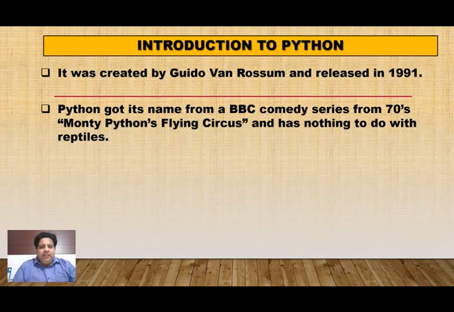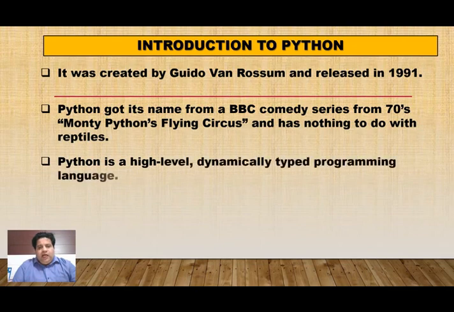So the name Monty Python was taken from there, and that's how this language got its name. So Python got its name from a BBC comedy series from 70s, Monty Python's Flying Circus, and it has nothing to do with the reptiles. It is as simple as that, okay? Next.